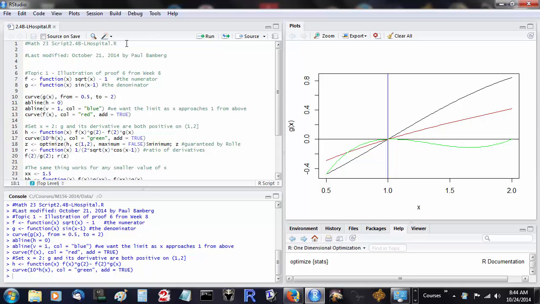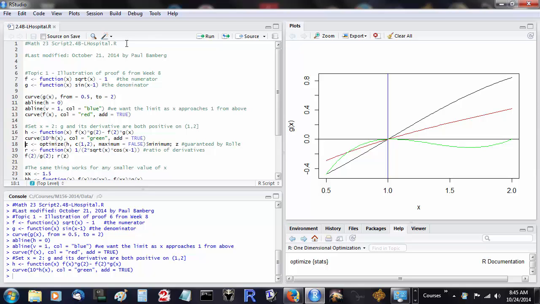And it just screams Rolle's theorem at you, doesn't it? Because at 1, h is equal to 0 for the simple reason that both f of x and g of x are equal to 0 when x equals 1. And when x equals 2, we've got f of 2 times g of 2 minus f of 2 times g of 2, which is clearly 0.